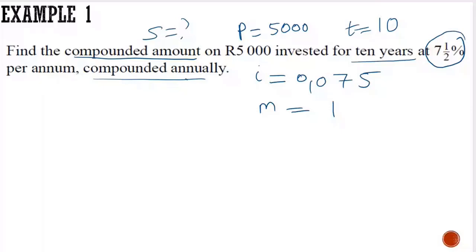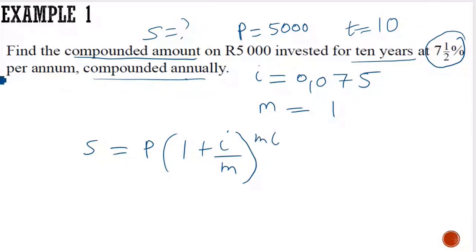The formula is equal to P into 1 plus I over M, to the power MT. That is your N. So therefore, your N is going to be equal to your M times T. What is your M? The number of compounding periods multiplied by your T. Your T there is 10, which is equal to 10.